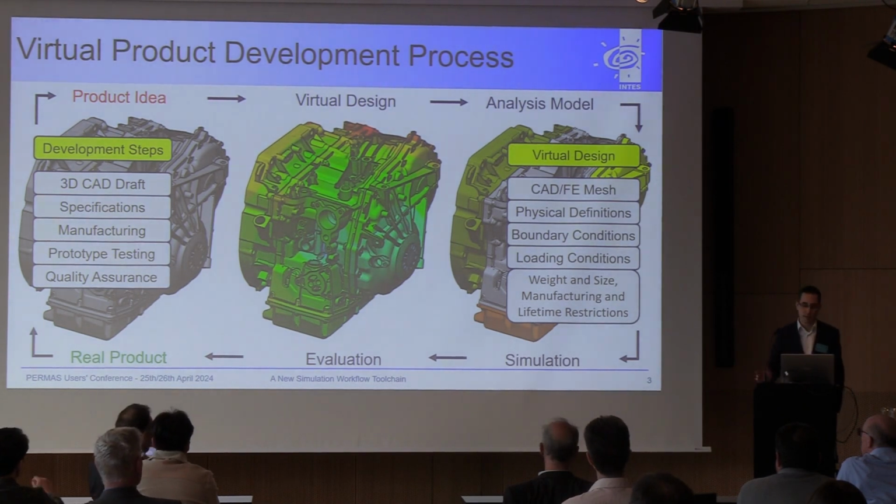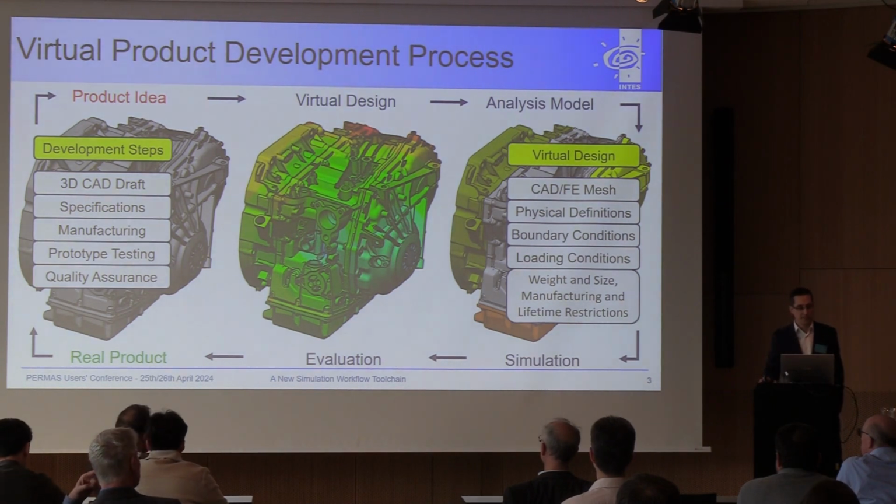Afterwards, there can be a loop of that before it is finalized in a real product. And for the real product, of course, there have to be a lot of specifications, starting from the CAD geometry, manufacturing constraints and prototype testing. Also, quality assurance is a big point.